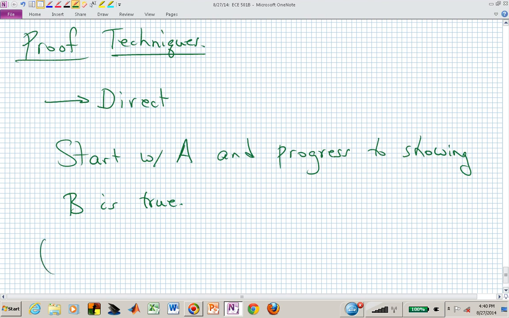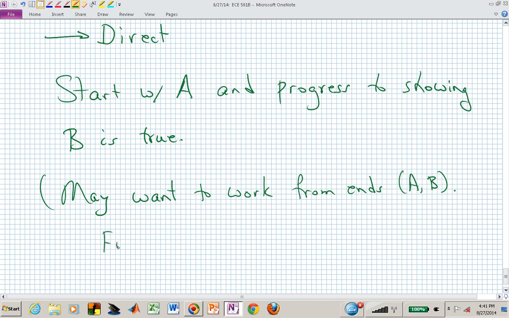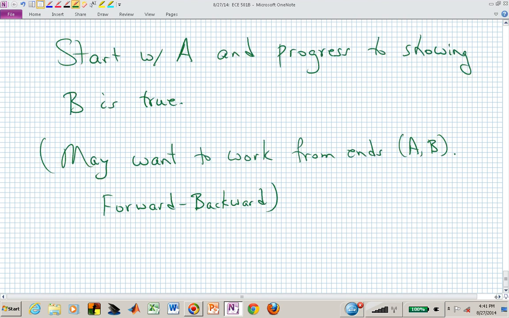And that may not be easy, to immediately see that chain of operations or derivations that starts with A and ends with B. You may actually want to start at both ends and work towards the middle and then put it all together from A to B. You might hear this referred to in the optional book as the forward-backward proof technique. That's the direct approach to proving a theorem.